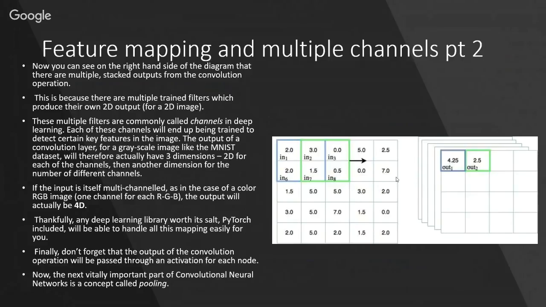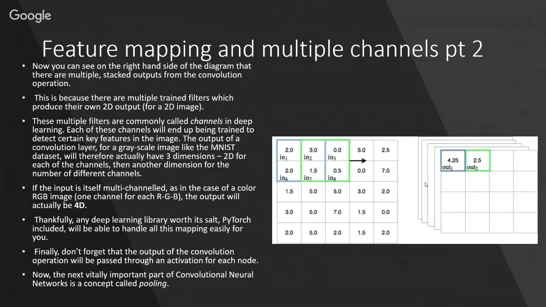The output of the convolution layer for a grayscale image like the MNIST dataset will therefore actually have 3 dimensions: 2D for each of the channels, then another dimension for the number of different channels. If the input itself is multi-channeled, as in the case of color RGB images, with 1 channel each for R, G and B, the output will actually be 4D.